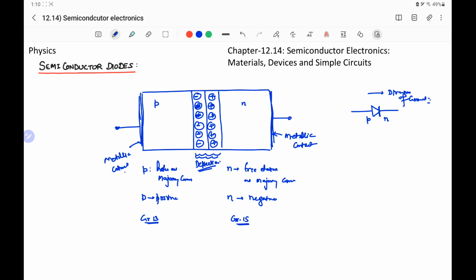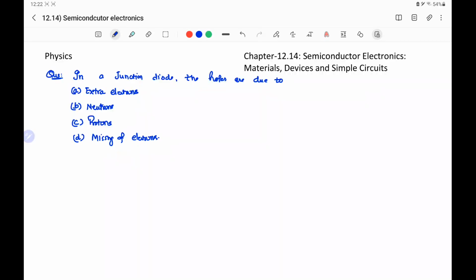Let's take some examples. Question: in a junction diode, the holes are due to: options are extra electrons, neutrons, protons, or the missing of electrons. In a semiconductor, we know that a particular atom like silicon is surrounded by four other silicon atoms, and this silicon atom has four covalent bonds, and these bonds have electrons which are shared between the atoms.